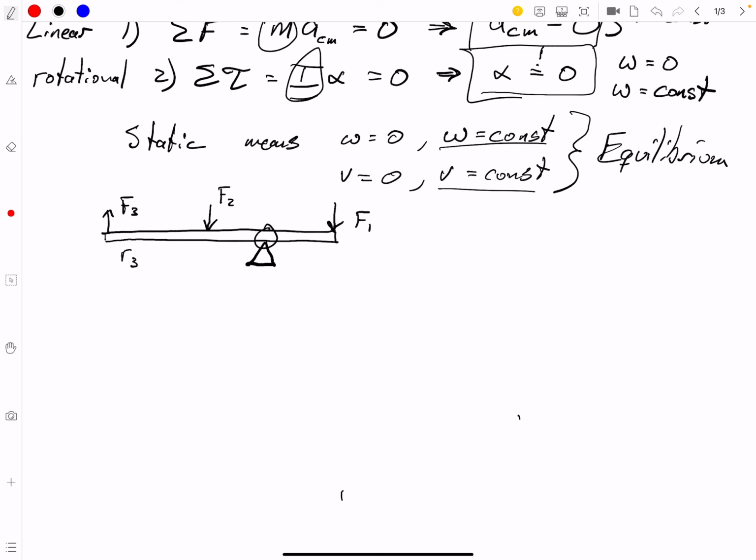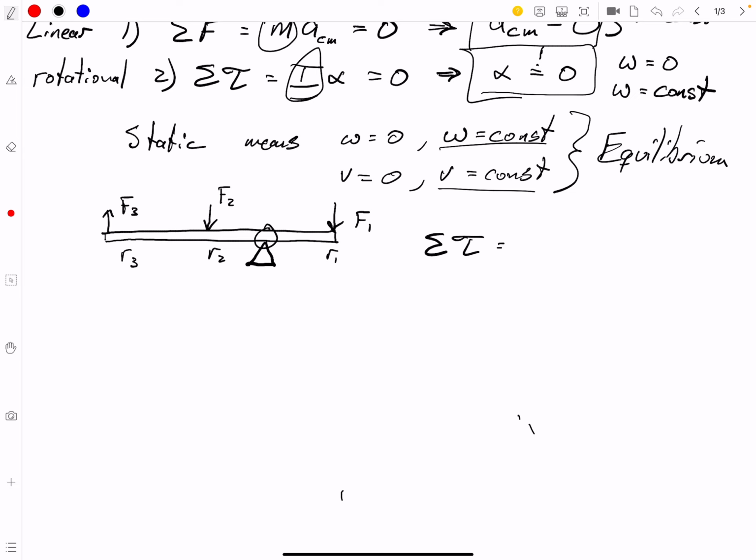Here's our pivot point. This one is radius 2. This one would be radius 1. We can do a sum of the torques.